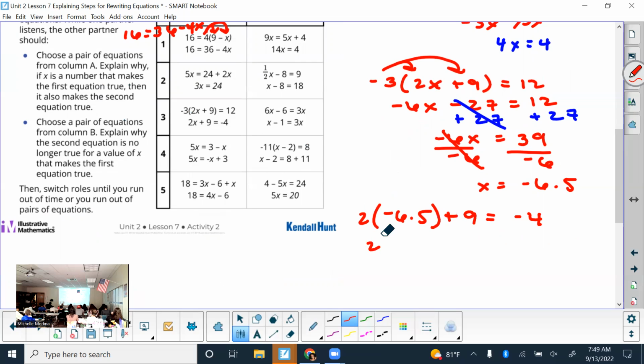So what's 2 times negative 6.5? Negative 13 sounds right. What's negative 13 plus 9? You can use the calculator now. Negative 4 is correct. So yes, it is a solution for both. They have the same x.